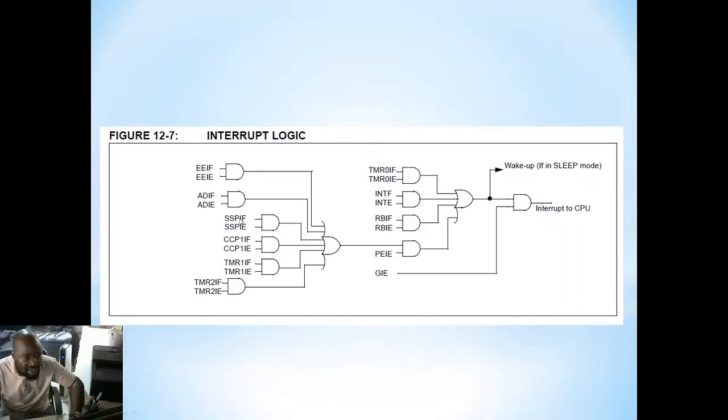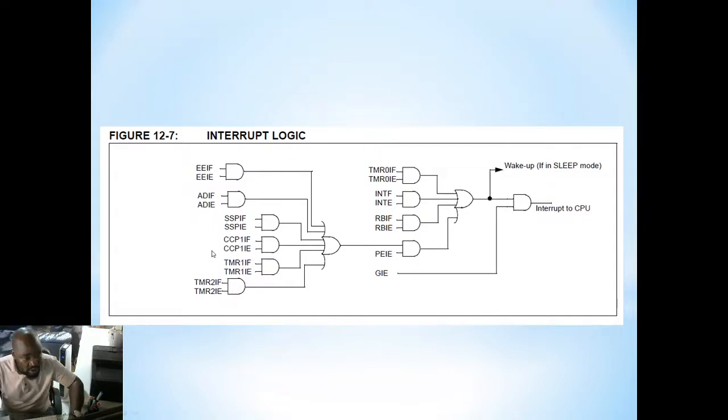Now, this serial port is the one which you can use for implementing communication systems or communication protocols like I2C or SPI. And then we have what we call the capture compare interrupt, the timer 1 interrupt, and then the timer 2 interrupt. Those are in total 9 interrupt sources.